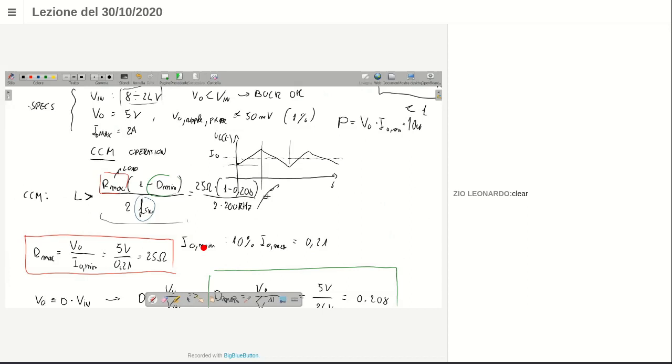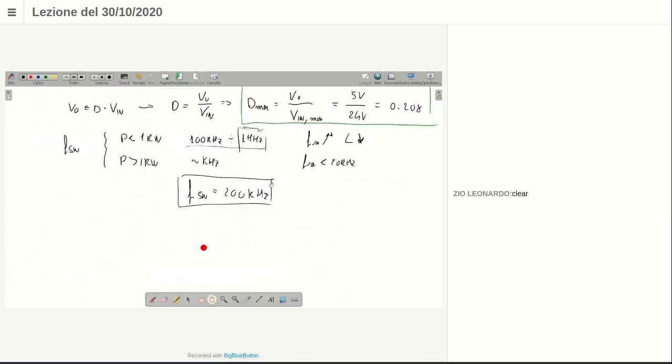If we do this calculation, we get that L should be larger than 49.5 microhenry. Okay. This is the requirement we got for CCM. L should be larger than 49.5 microhenry. What value of L do we choose in practice?